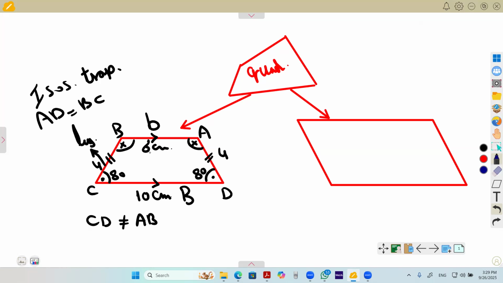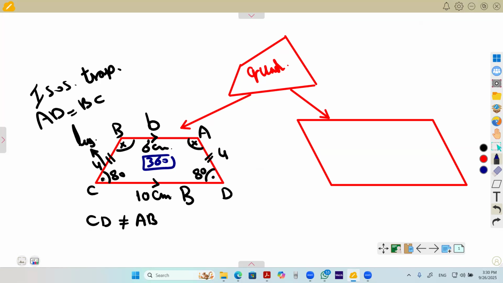We can get it in two ways. The sum of these four angles, A, B, C, and D, must be what? 360. Now we have two angles of them, 80 and 80. The 80 and 80 give you 160.